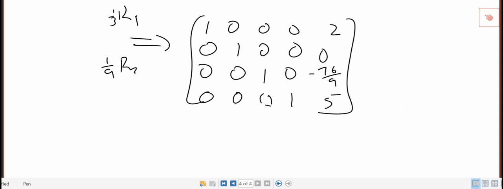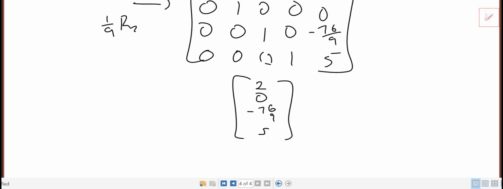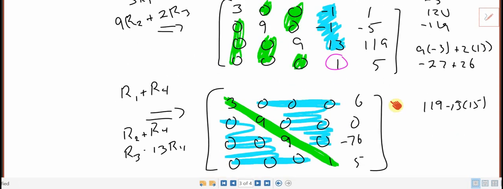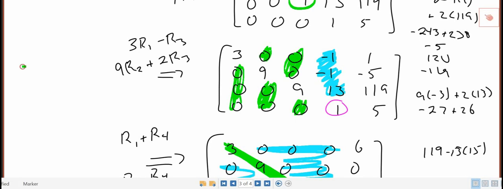That tells me my solution. X1 has to be 2, X2 has to be 3, X3 is negative 76 over 9, and X4 is 5. Now, if you do the Gaussian elimination, you would actually stop back here.